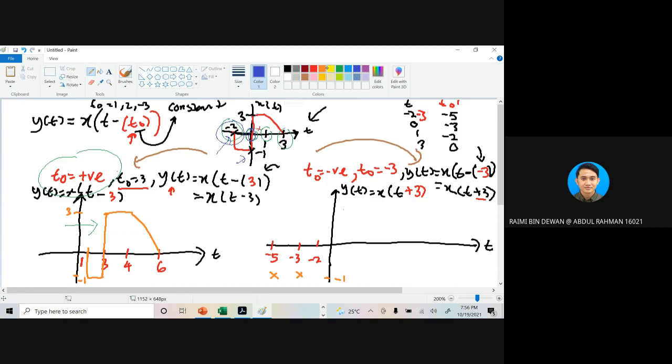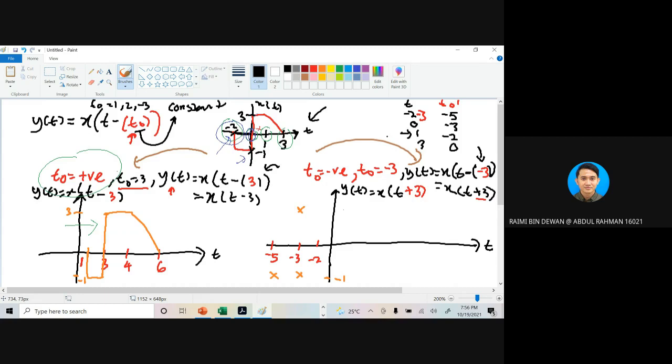And the next, you have another value, which is 3. And then after that, you have 1 here, which still maintains the same value.